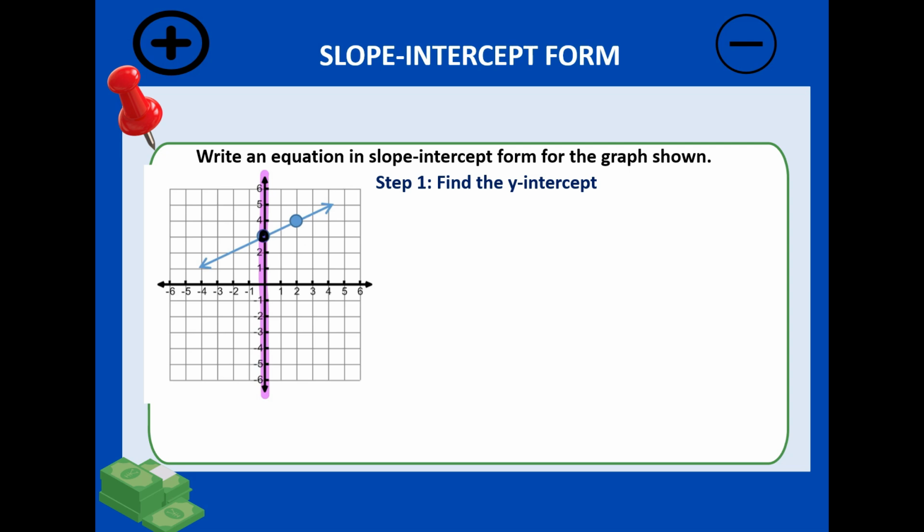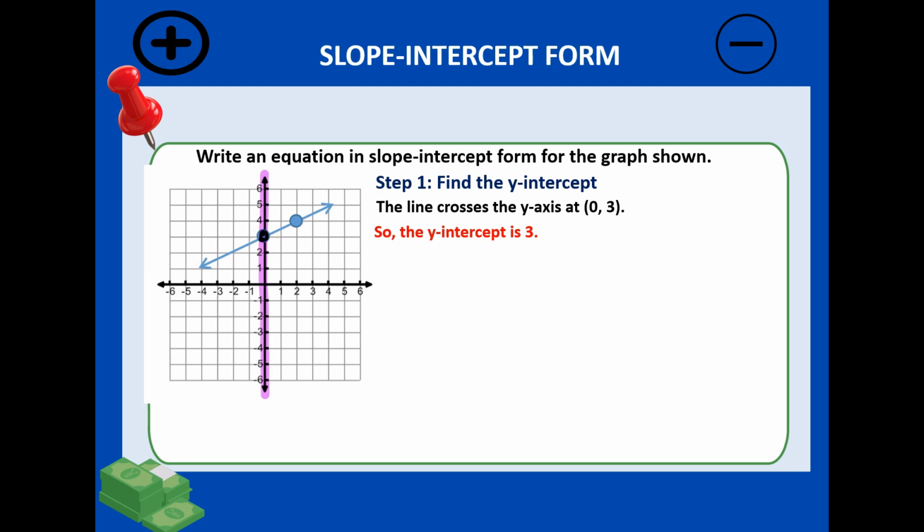Look at the graph. The line crosses the y-axis at (0, 3). This means that x is 0 and y is 3. So the y-intercept is 3. This is the initial point.